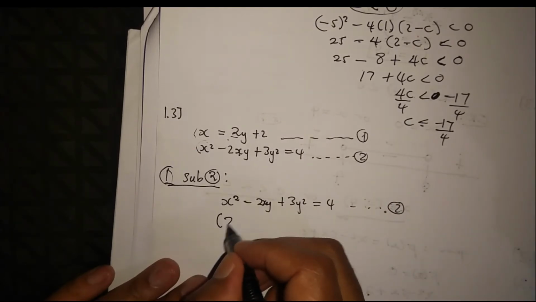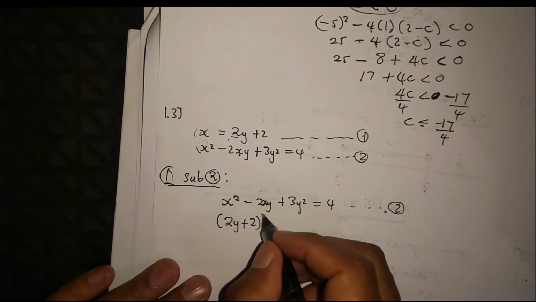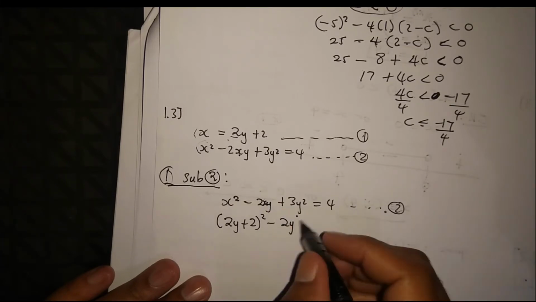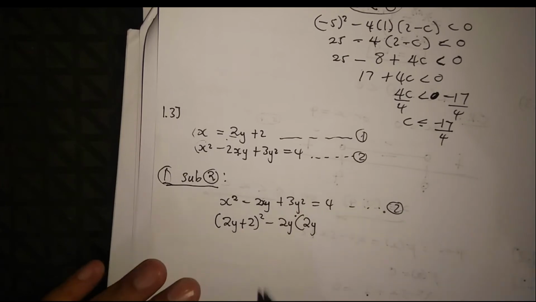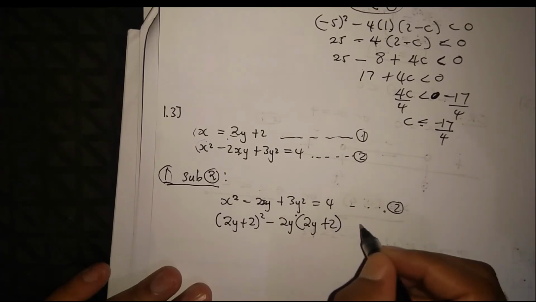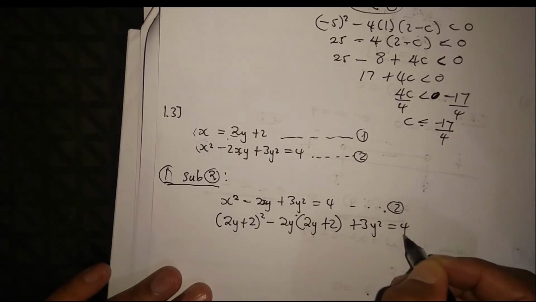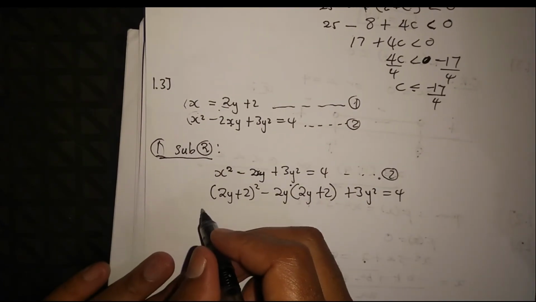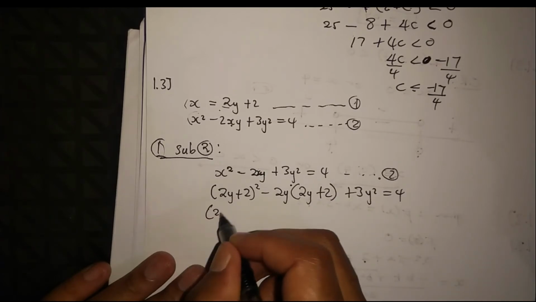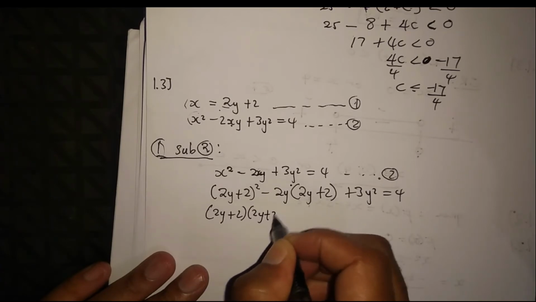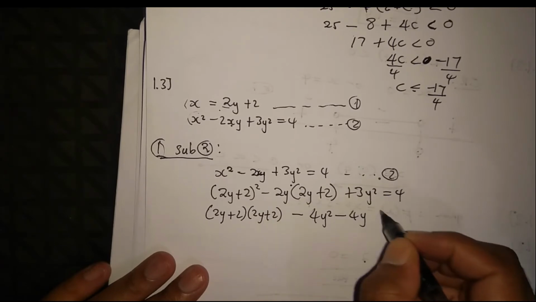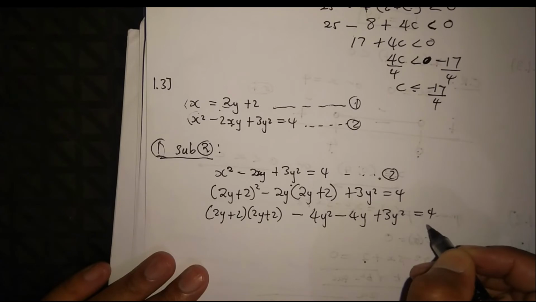I put equation 1 in here: 2y plus 2, squared, minus 2 times y. I keep the y with the 2, and I put x in brackets. When substituting x, if I put y here it becomes confusing, so it's best that I write it like this. Here we will have two brackets: 2y plus 2, 2y plus 2, negative 4y squared, negative 4y plus 3y squared is equal to 4.